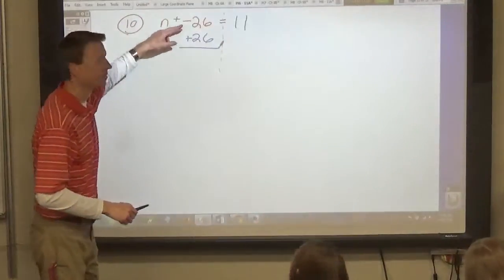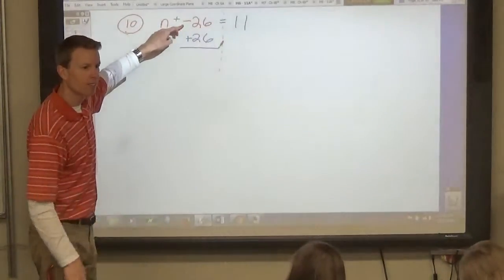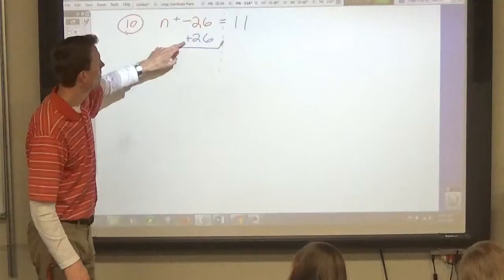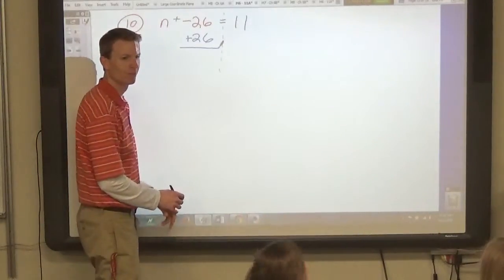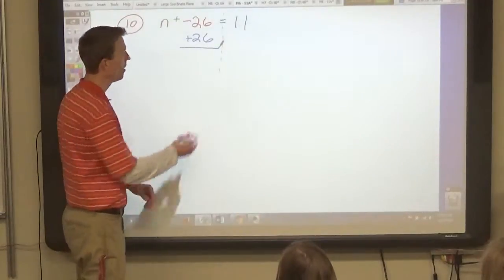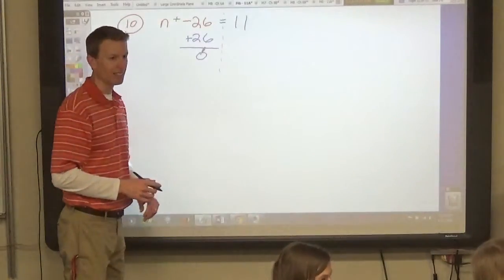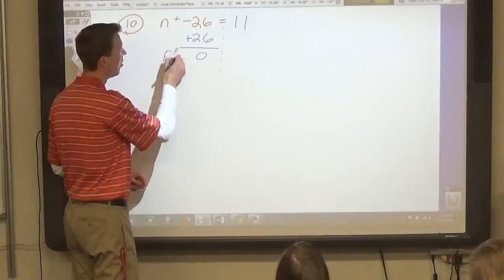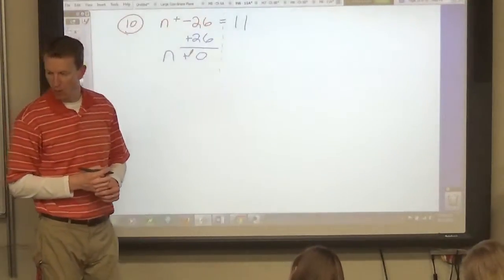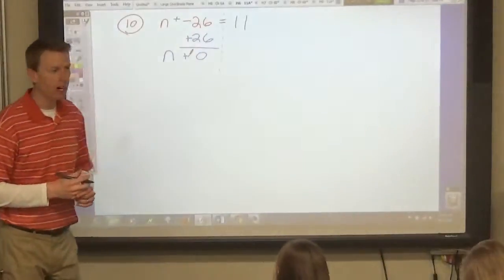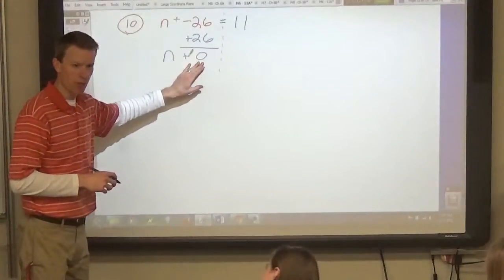Now, read what this says. Lindsay? Equals. Yeah. That's exactly what we want. We want 0 on the side with n. That's the first thing you have to do when you're solving an equation, is try to get 0 on the side with n.